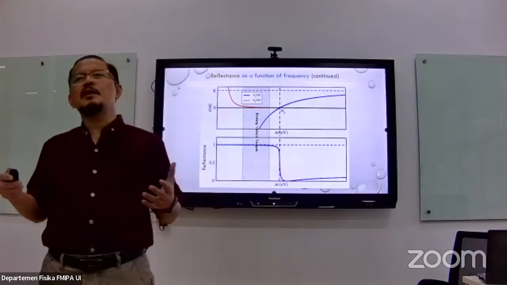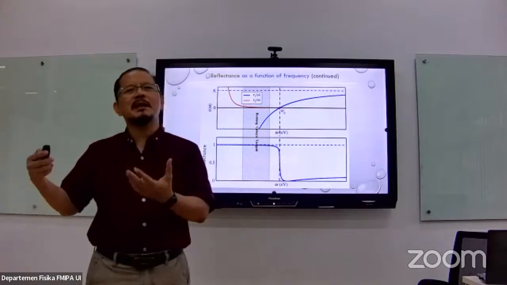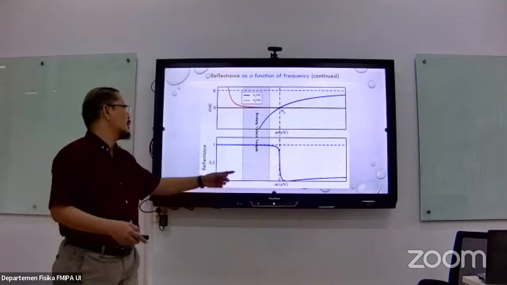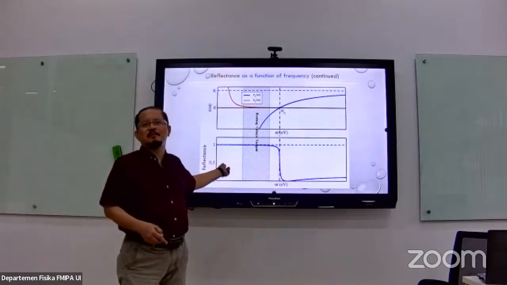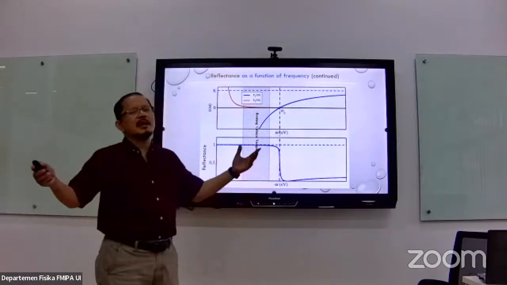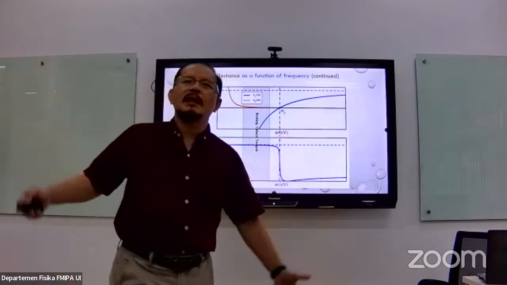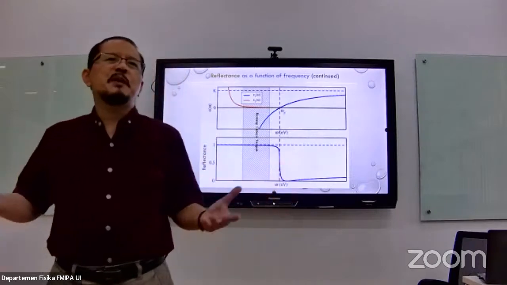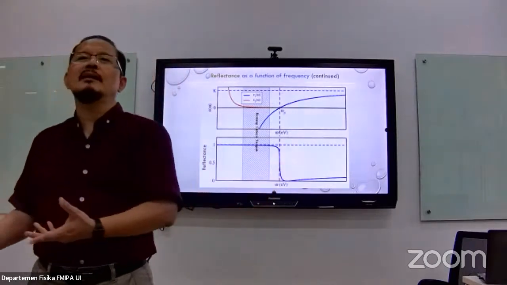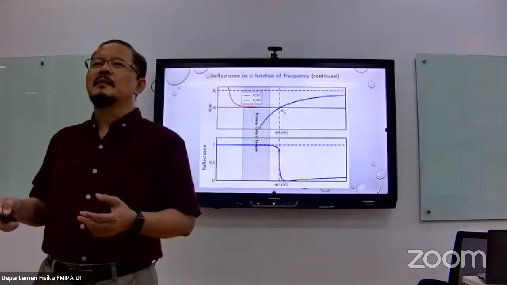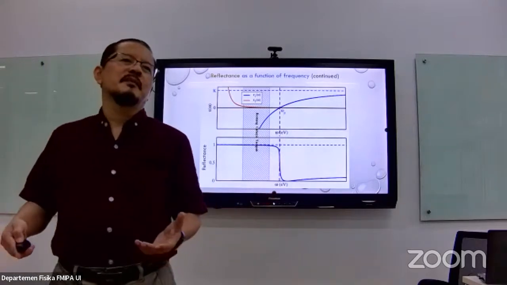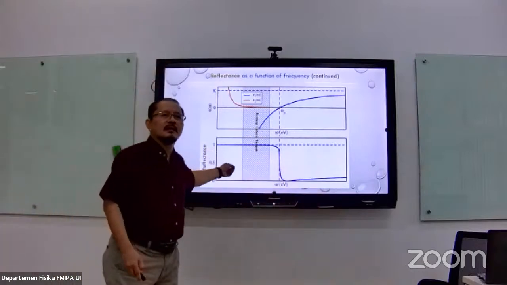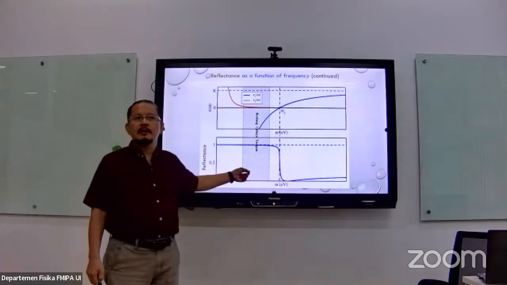If we don't really agree to call something a metal, well, there may be some problem there, and we don't know how the reflectance behaves. But normally, if you name any material that most people really call metal, like steel, aluminum, copper, they're all metals, right? They behave like this. All of them.